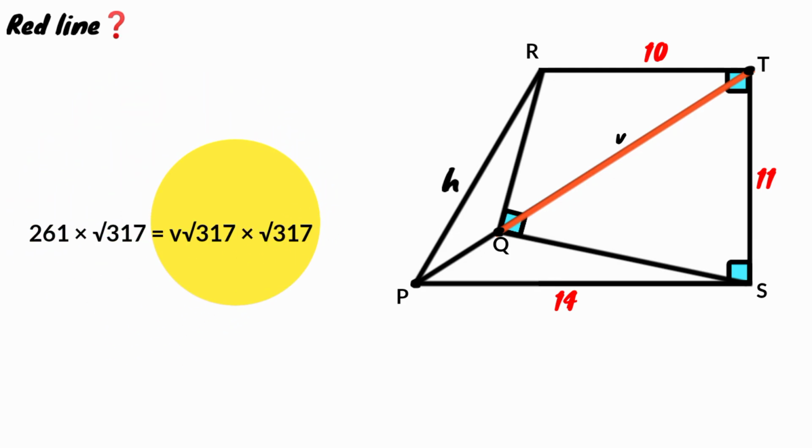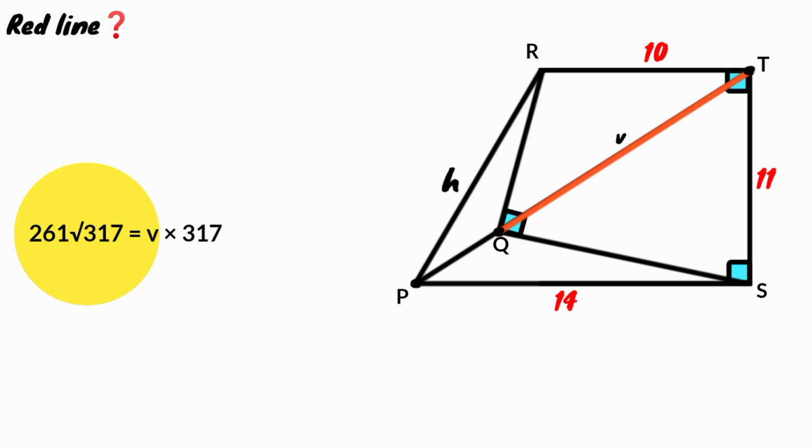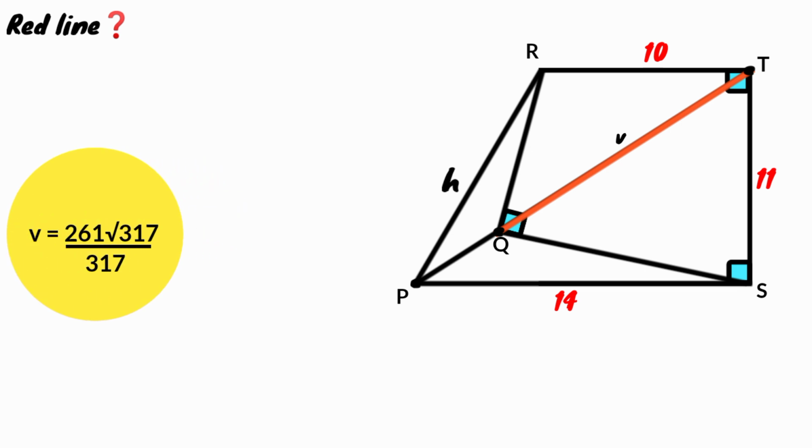Here the square root of 317 times the square root of 317 is 317, while here 261 times root 317 is 261 root 317. Divide both sides of the equation by 317. Here 317 cancels 317. So V equals 261 root 317 all over 317.